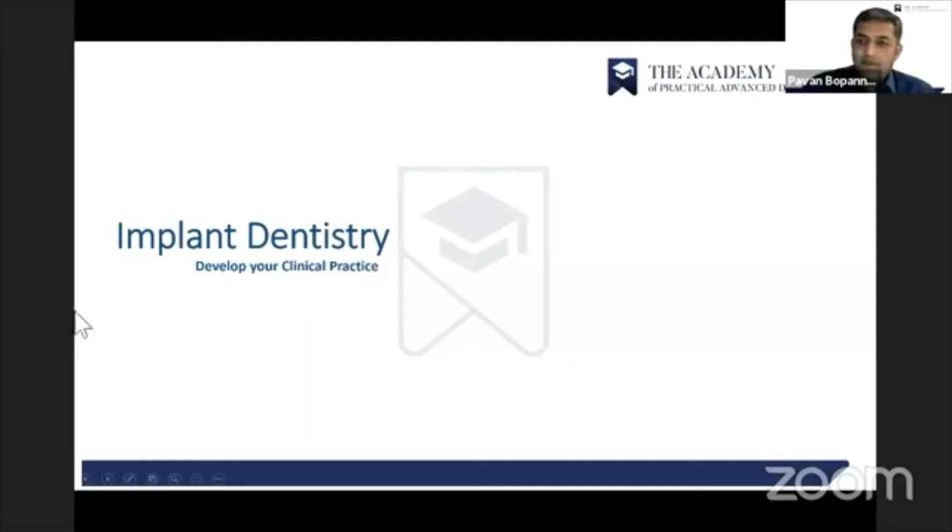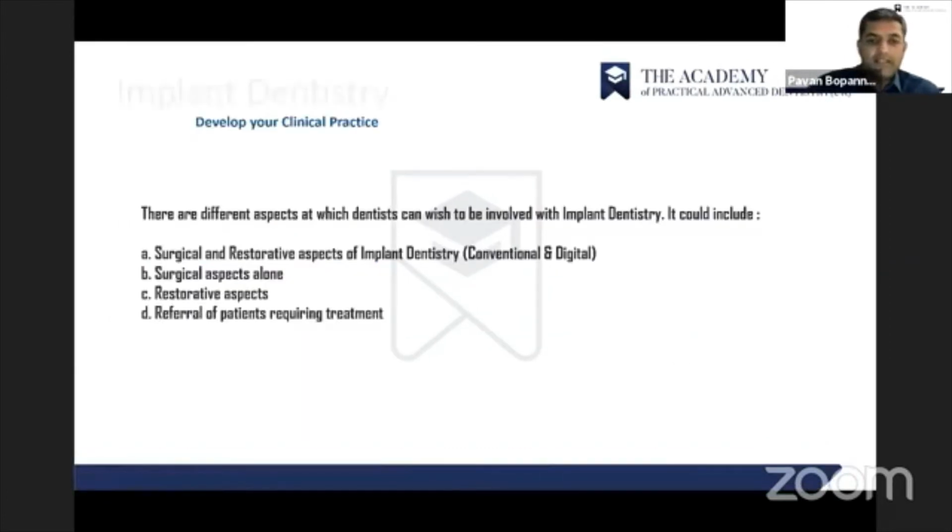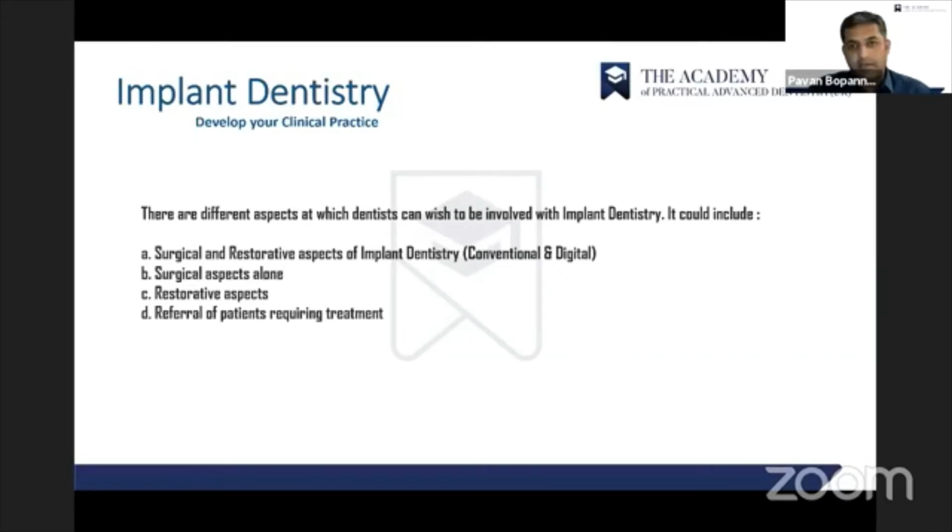So you could introduce implant dentistry to your practice in one of many ways. One is you could get involved with the surgical and the restorative aspects of implant dentistry, both the conventional way and digitally.